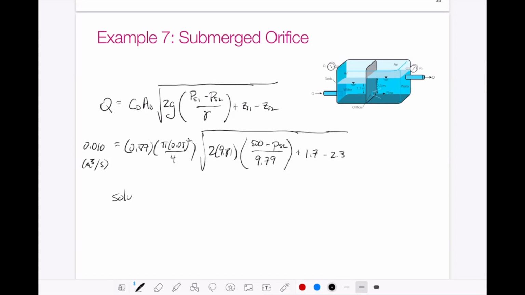So solve for PS2, and we get 159 kPa. What this is saying is, if we wanted this system to maintain equilibrium, given those fluid level heights, we would need the pressure in the second tank at the surface to be 159 kPa.